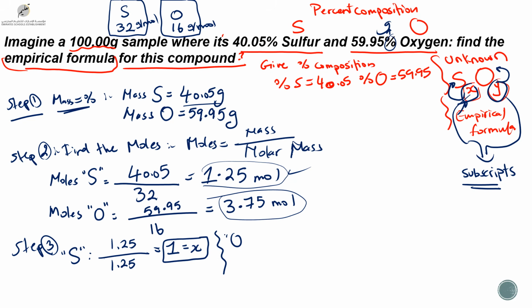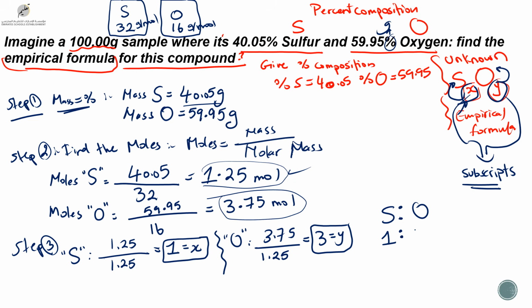Now for oxygen it will be 3.75 divided by 1.25, so the answer will be 3, and this is actually the Y. Now what we did here is we found the mole ratio, so the mole ratio between S and O is 1 to 3. That means for every S in the compound there are 3 O atoms.